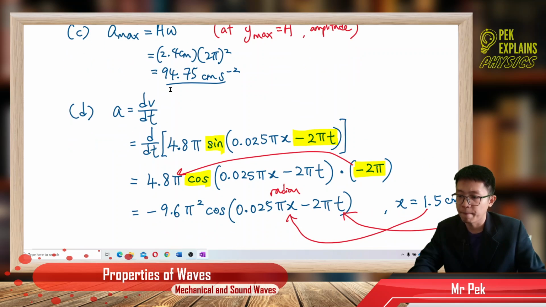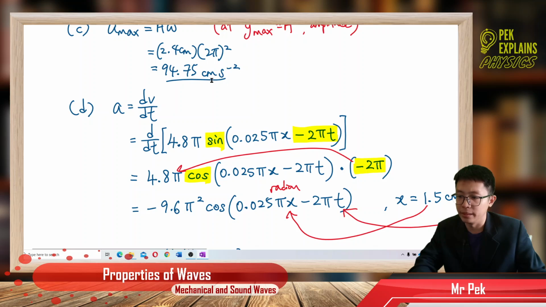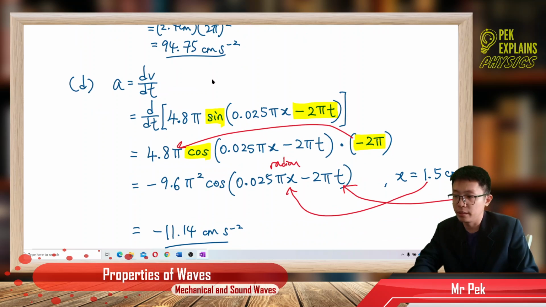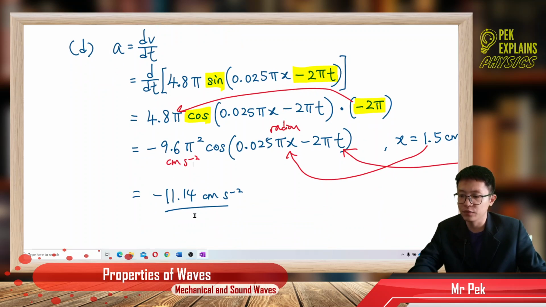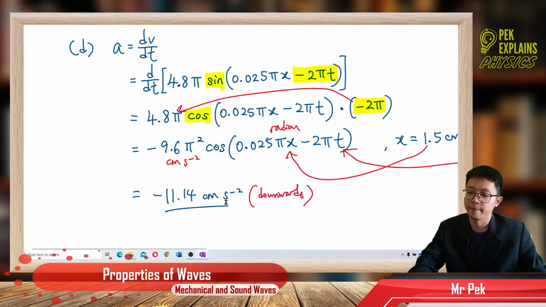Because our maximum acceleration is in centimeter. So the acceleration just follows the unit, and the direction is negative. Negative means downwards.